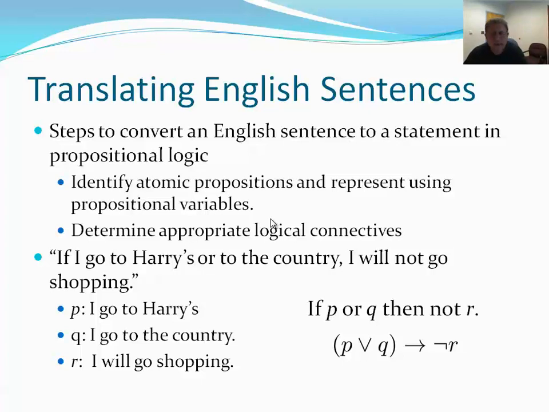In order to get rid of the ambiguity and make it clear, we partition these English sentences, and we come up with small pieces, and we turn each one into a proposition, and then we put them all together, and that becomes a compound proposition.